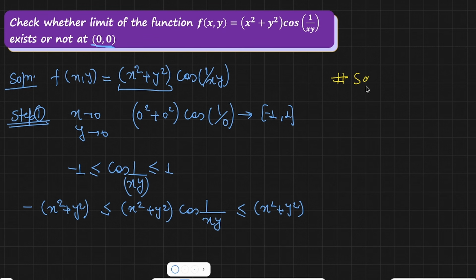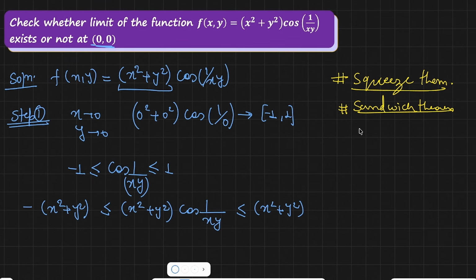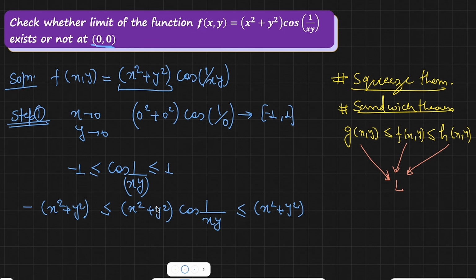What does this sandwich theorem say? It says that if you have any function f of x comma y between, let's say, g of x comma y and h of x comma y, and if the limit of g exists at L and the limit of h exists at L, then of course the function f will have its limit at L.